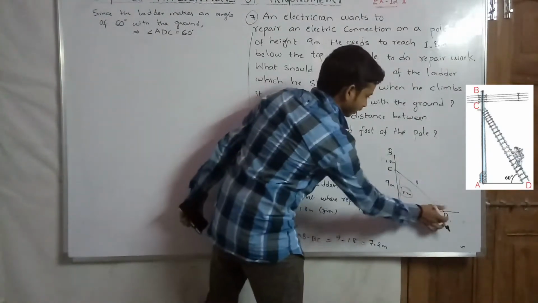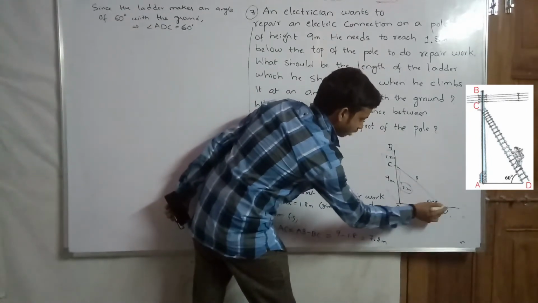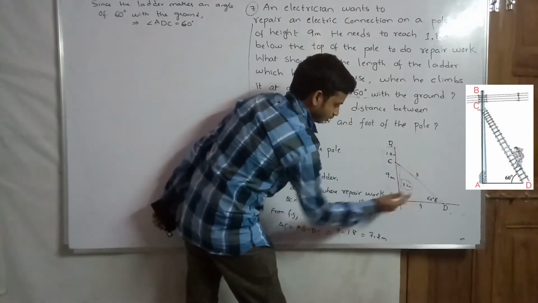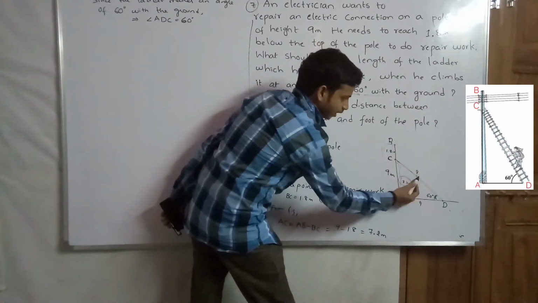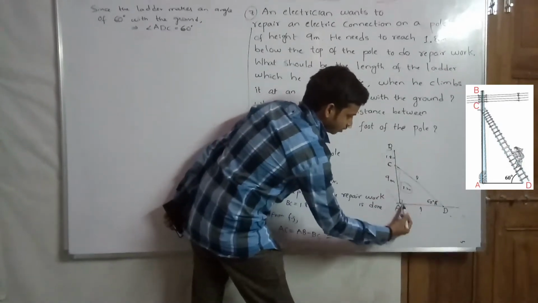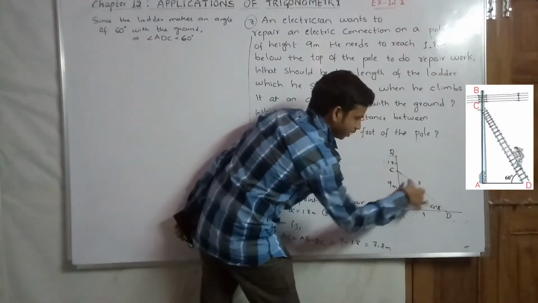So in triangle ADC, the angle is 60 degrees, and the side opposite to 60 degrees is AC, which is 7.2, obtained from the given data. We have to find the hypotenuse. Since the pole is in a vertical position, the side opposite to this angle is AC, and CD is the hypotenuse. So opposite by hypotenuse.